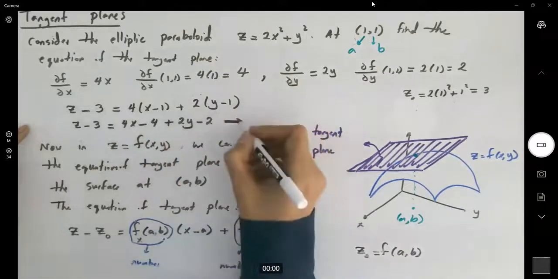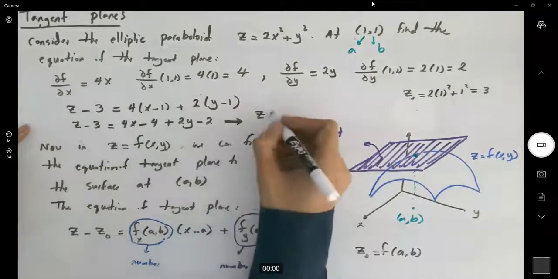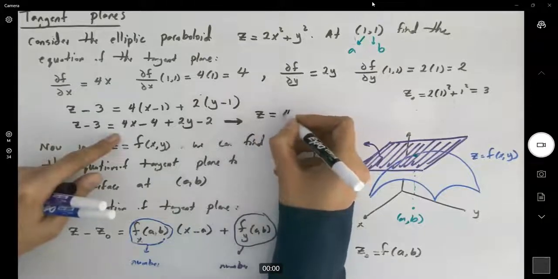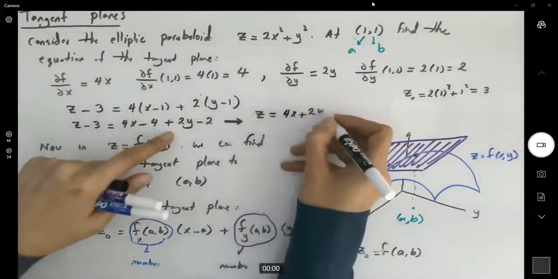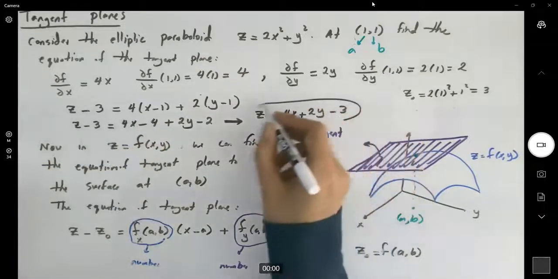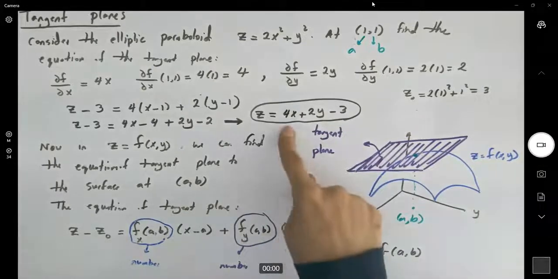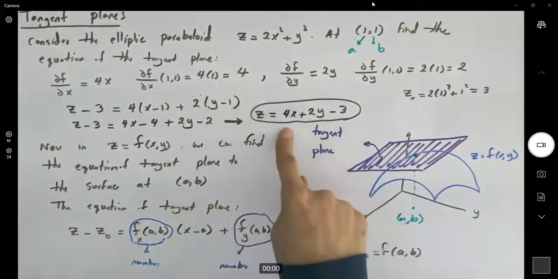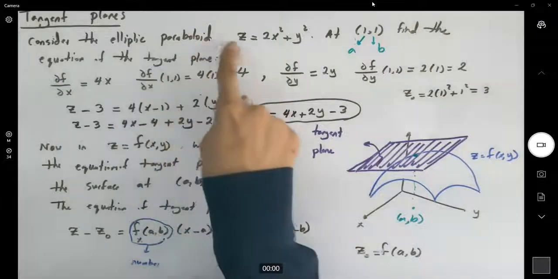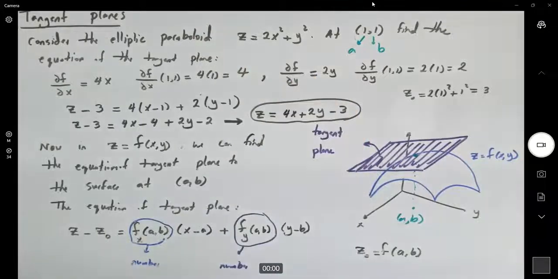So z is 4x plus 2y minus 3. This is the equation of the tangent plane to the elliptic paraboloid z equals 2x squared plus y squared. We found the equation of the tangent plane.